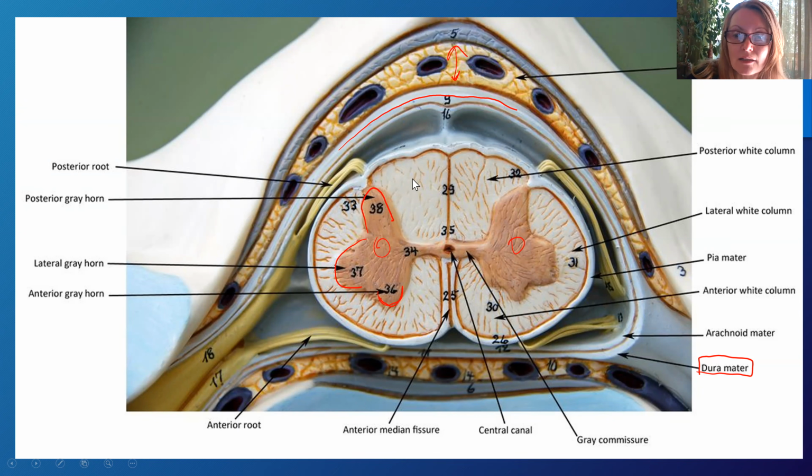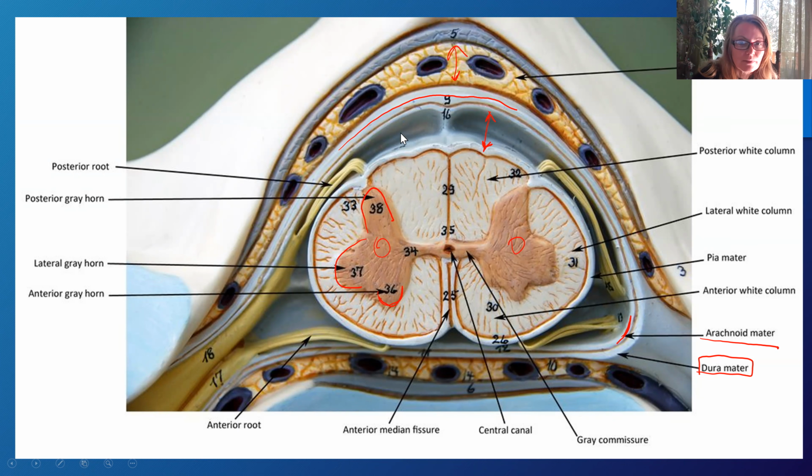Now this next blue line right here is the arachnoid mater. And you see this huge space between here and here, called the subarachnoid space. I'm looking for where my label is for this subarachnoid space.